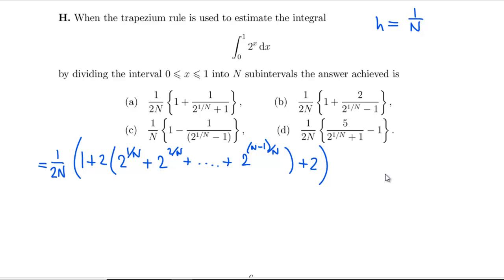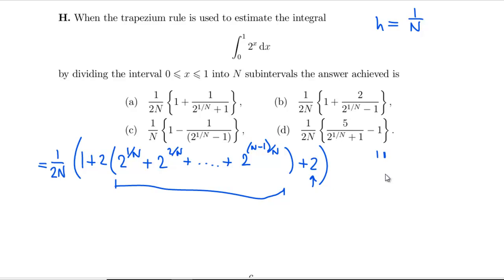So what have we got there then? We've got a geometric series that we're going to want to add up. We can include this 2 here as well inside it. So with this 2 at the end plus everything that's in the bracket, we can put a 1 inside the bracket and just get rid of that 2, can't we?